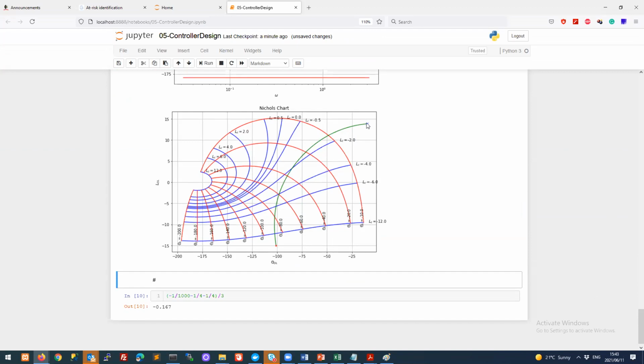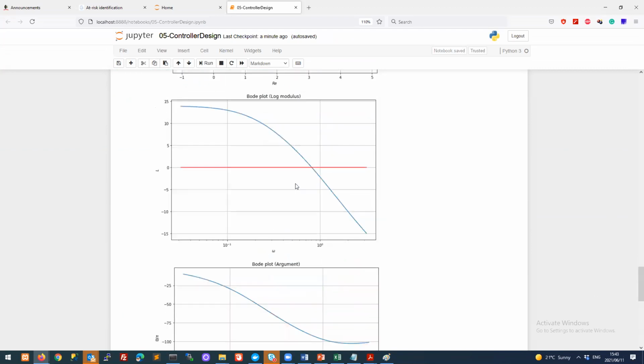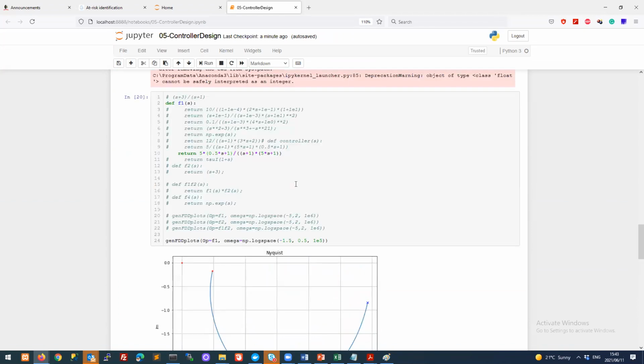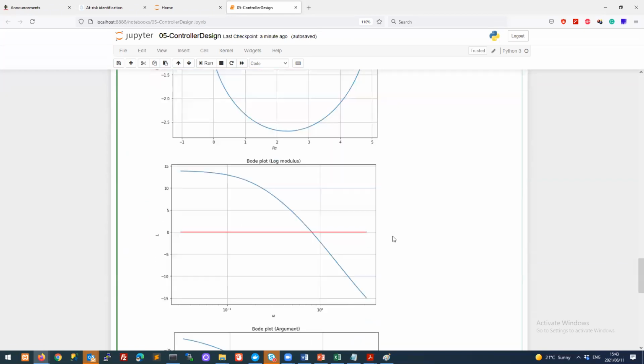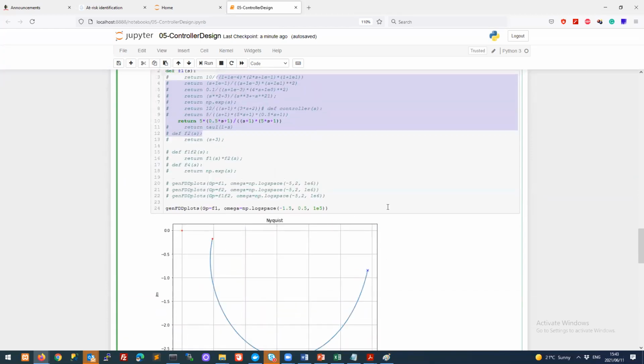So proportional control alone won't do it. You have to use integral control, which will also shift you around horizontally. You can play around with this, stick in whatever transfer function you like, and get an understanding of how the control curves look.